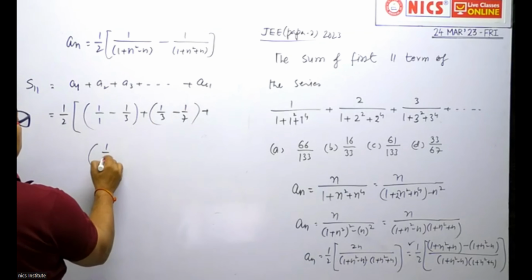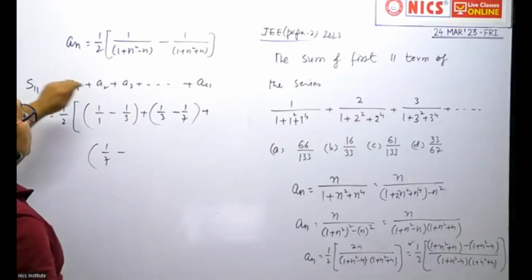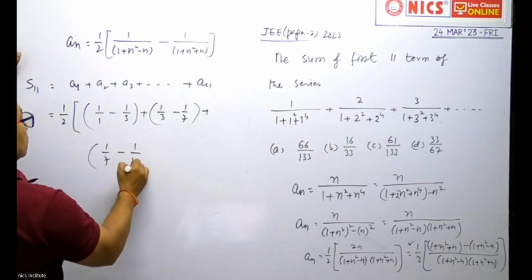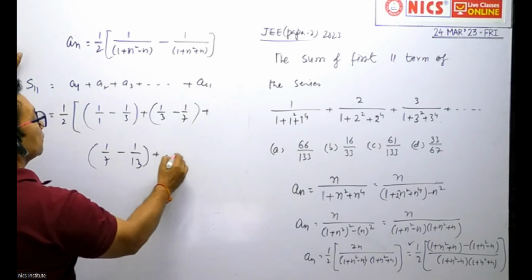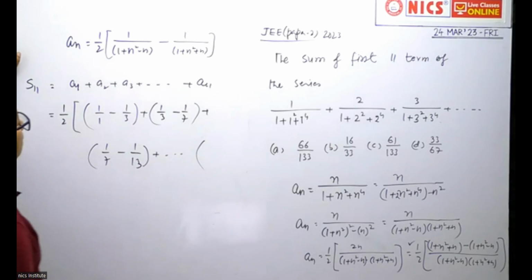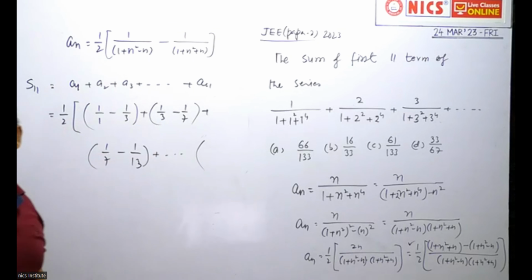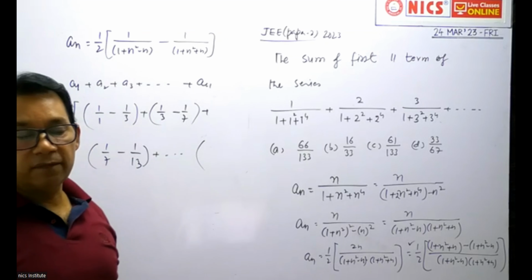What is third bracket? N equal to 3 here, 9 plus 3, 13. So do you notice something? These terms are getting cancelled. Only the first and the last term would be left.